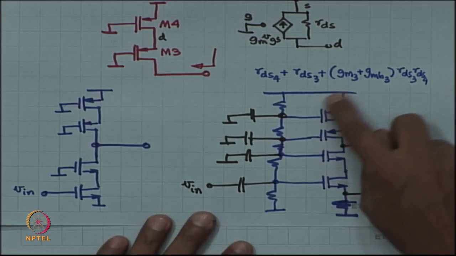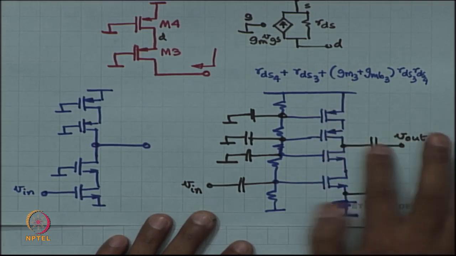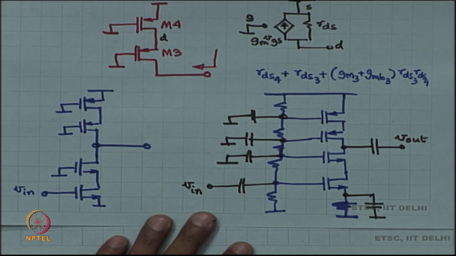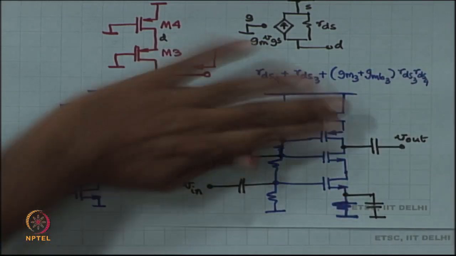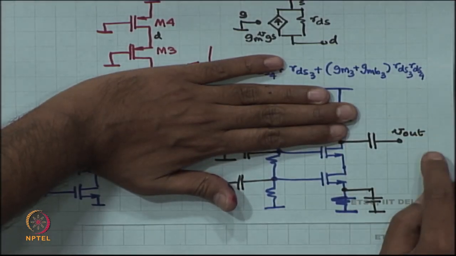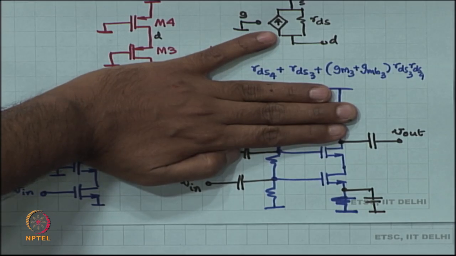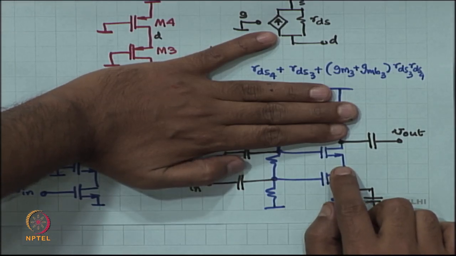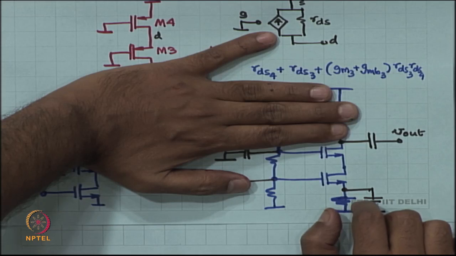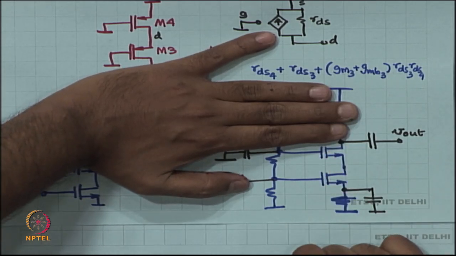The output impedance of the top portion is high, the output impedance of the bottom portion is high. Then the short circuit current, the top portion is shorted out. For the short circuit current you have a short over here. So, the top portion is irrelevant, but as far as the bottom portion is concerned, that is relevant. You are going to look into the source and there is going to be a current division, portion is going to come out through RDS1, portion is going to go into the source of MOSFET number 2.